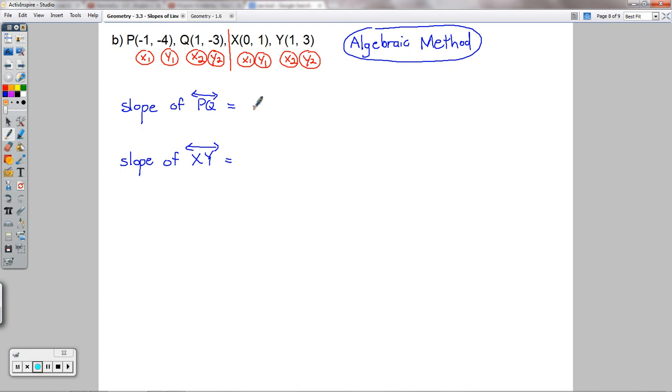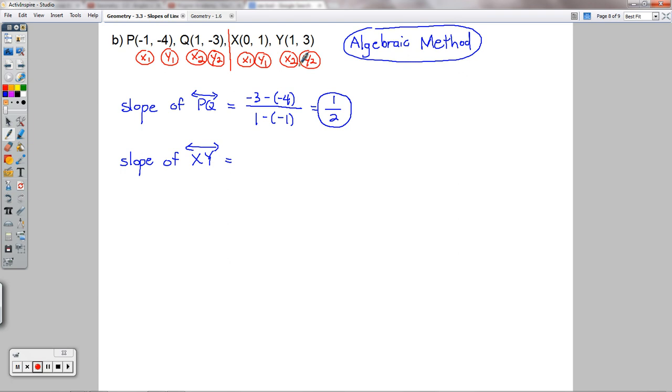So this is y2 minus y1 over x2 minus x1. We're going to use these numbers first. This is talking about P and Q. So we have -3 minus -4 over 1 minus -1. This would become -3 plus 4, which is 1, and this would become 1 plus 1, which is 2. So the slope of PQ is 1/2.